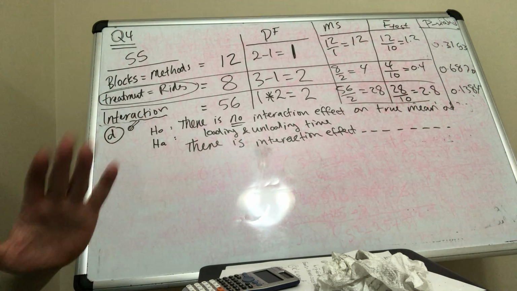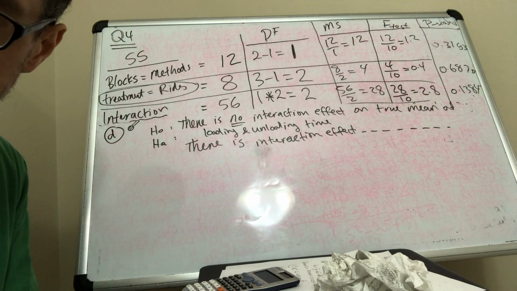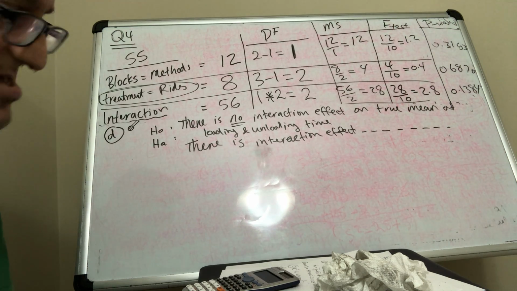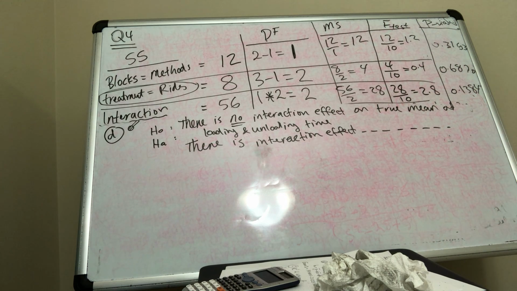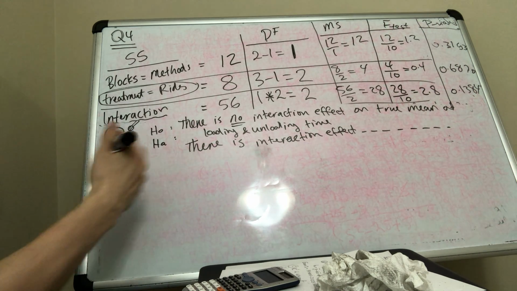So H0 no effect, HA is effect. Test still the same, MS effect over MS total.